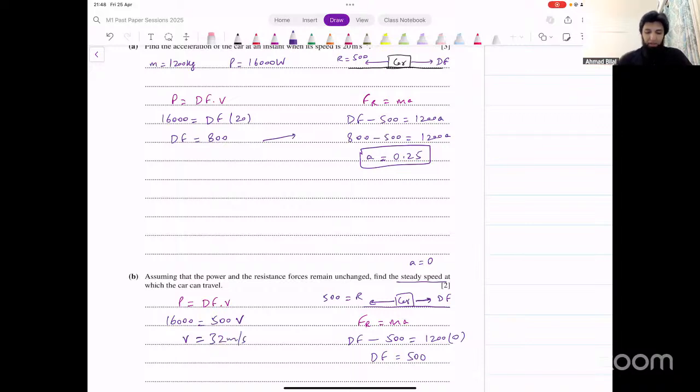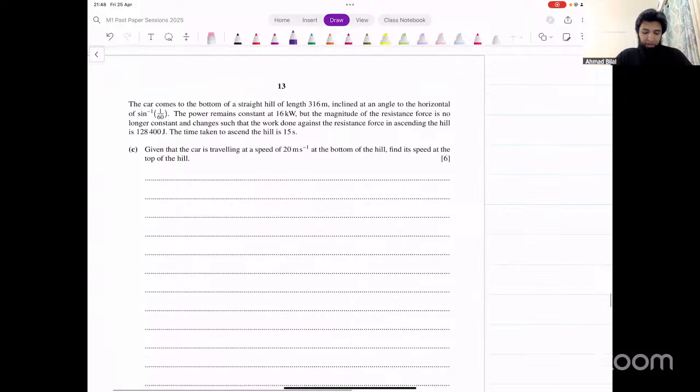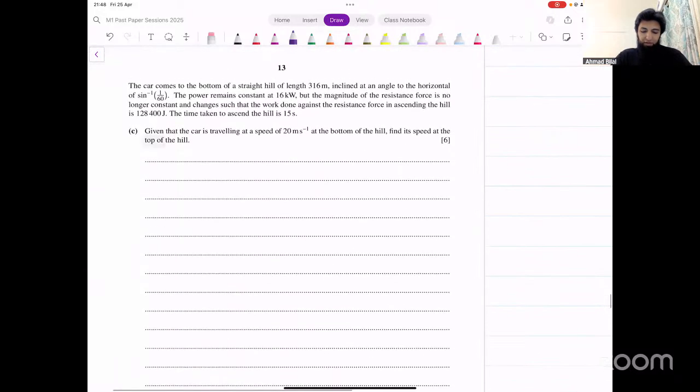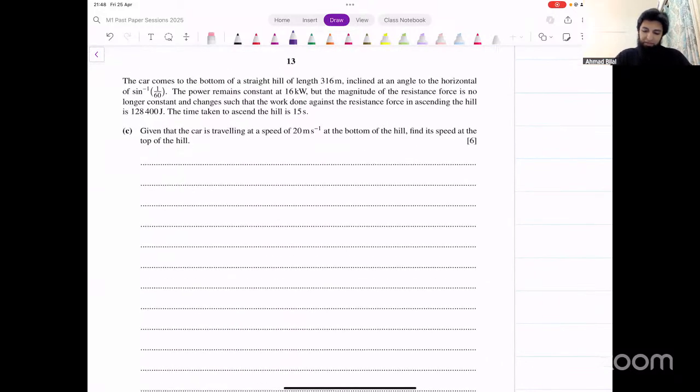That's part B. Now it says, the car comes to the bottom of a straight hill of length 316 meters, inclined at an angle to the horizontal of sine inverse of 1/60. Okay, let's draw that. That will make it easier to understand. We've got this straight hill. This angle is theta, and we are given that theta is equal to sine inverse of 1/60.